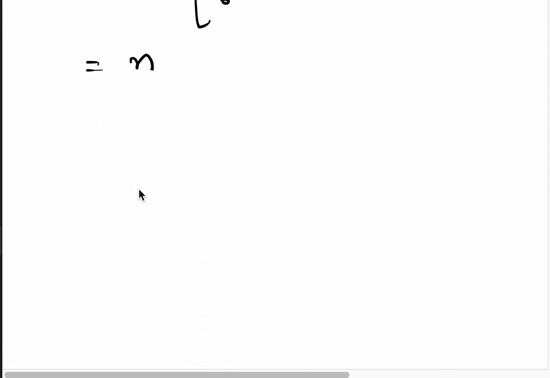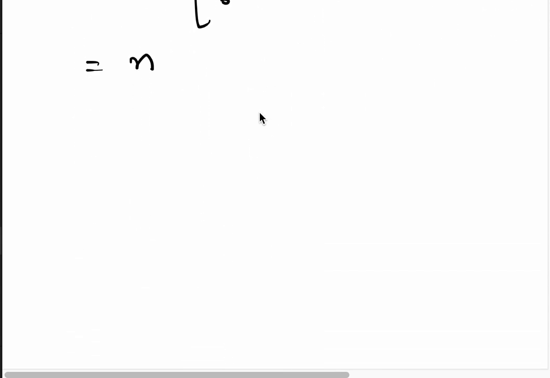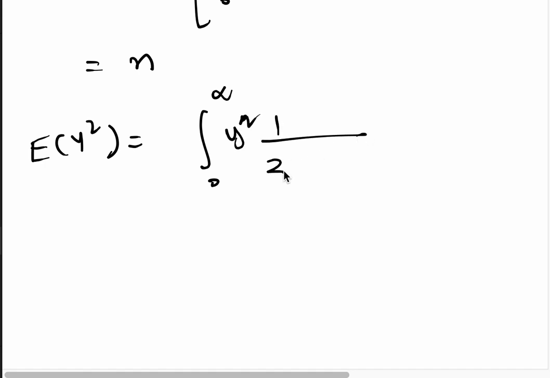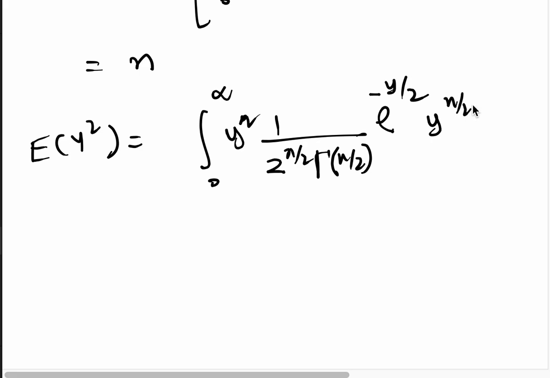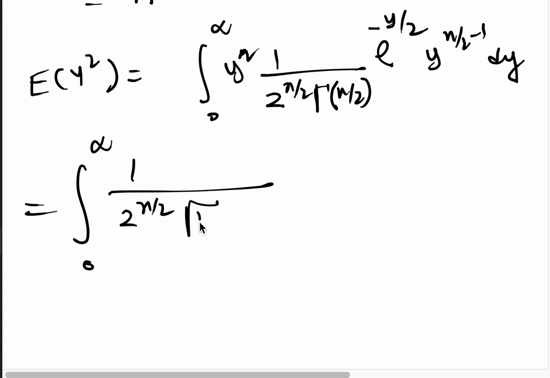And let's see what the variance is. To check its variance, we first have to calculate the expectation of y square. That will be the integral from 0 to infinity of y square times 1 by 2 to the power n by 2 gamma n by 2, e to the power minus y by 2, y to the power n by 2 minus 1, dy. So then this will become 1 by 2 to the power n by 2 gamma n by 2, e to the power minus y by 2, y to the power n by 2 plus 1.